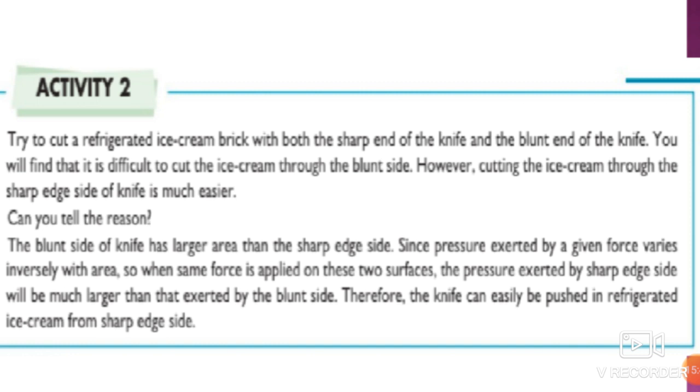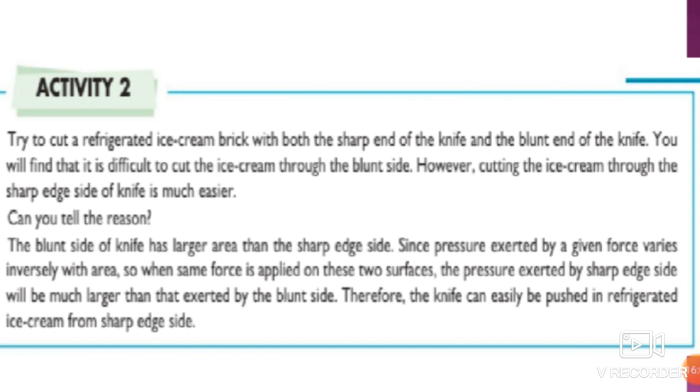So why is this so, students? The blunt side of the knife has a larger area than the sharp edge side. So what is the reason behind this? The blunt side of the knife has a larger area than the sharp side.